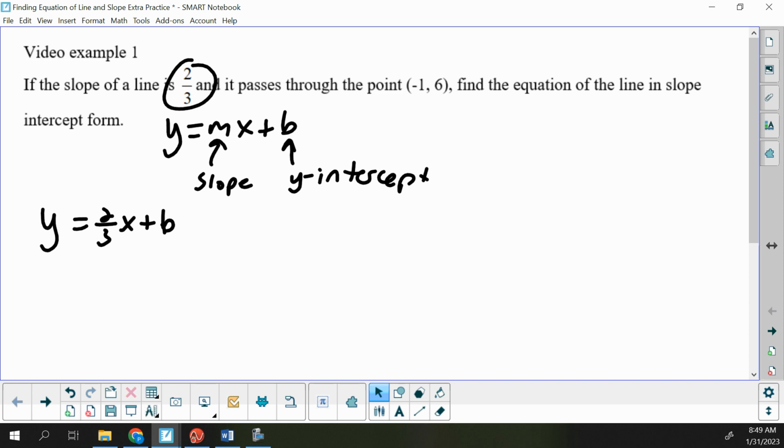Then our point is an x and a y. So we're going to fill those in for x and y so we can solve for b. So we're going to have 6 equals 2/3 times -1 plus b.